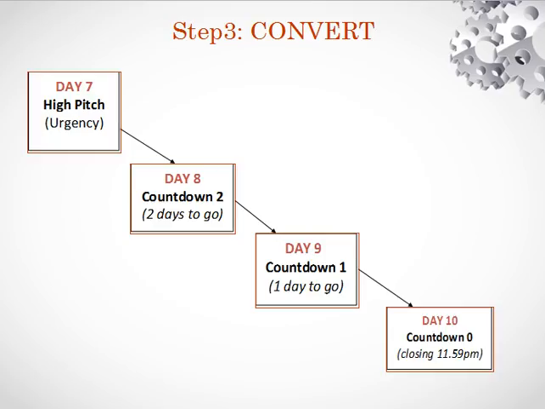Now on day 7, you're telling them this is the offer. You give them a link to the offer, and you engineer a kind of urgency. You engineer urgency in such a way that they will feel like they are losing something if they're not opting in, or if they're not getting this product as quickly as possible, right?